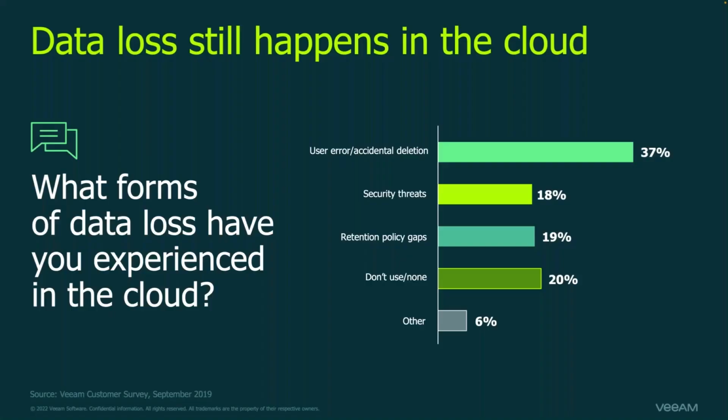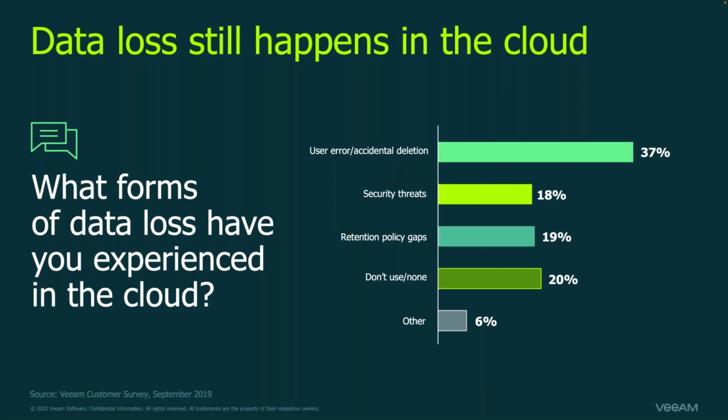Before we begin, let's quickly look at why we are still talking about backup for cloud workloads. Data loss still happens in the cloud. This is from a survey that we have done previously. Out of 100%, only 20% don't have any data loss experience.